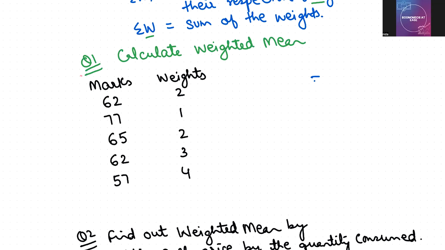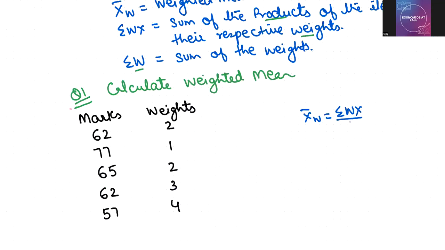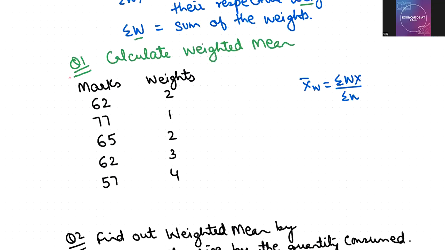So weighted mean is equal to summation of the products and the respective weights upon summation of weights. Now I'm going to put the values. Summation of weights is equal to 2 plus 1 plus 2 plus 3 plus 4. So you will get 12.